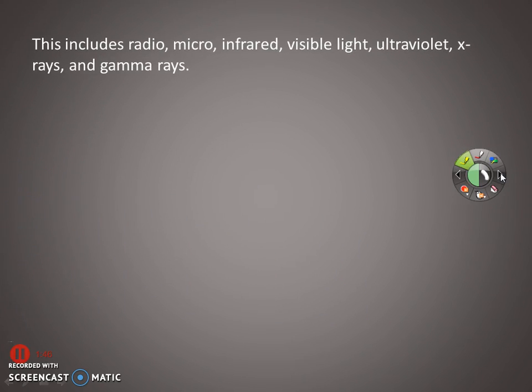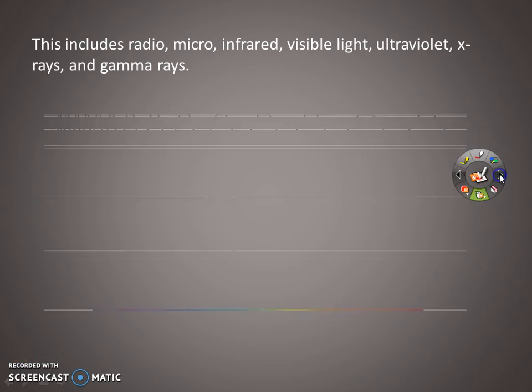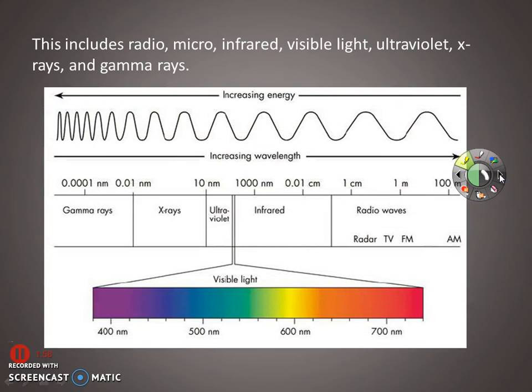These electromagnetic radiations include radio, microwaves, infrared waves, visible light, ultraviolet light, X-rays, and gamma rays. If we look at this, you'll notice that as the energy increases in this direction, our wavelength is getting shorter. The distance between these two crests is very short at our higher energy end.